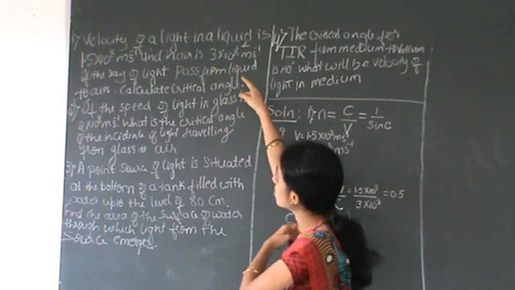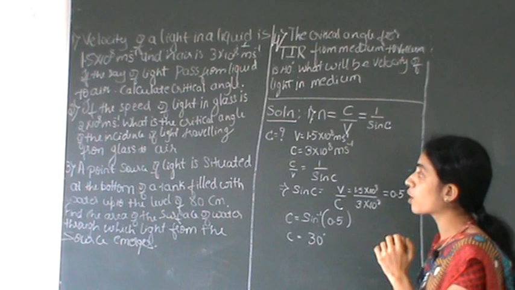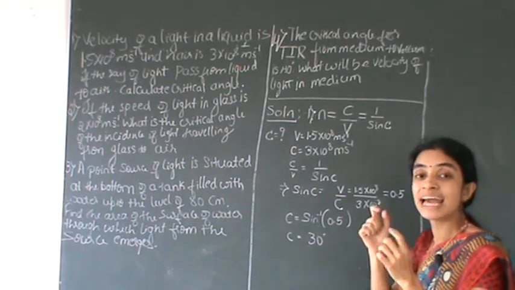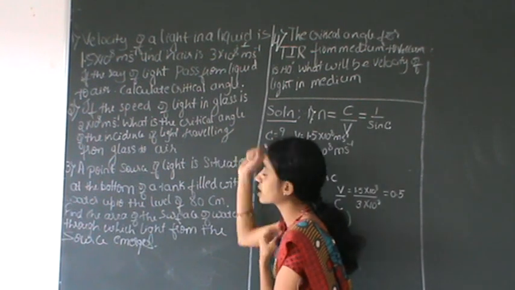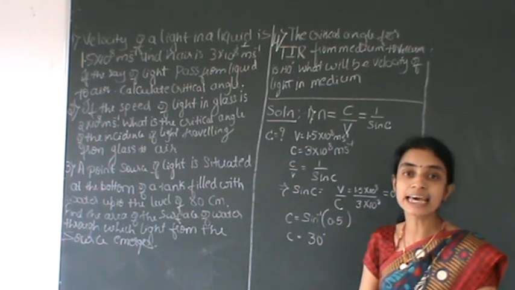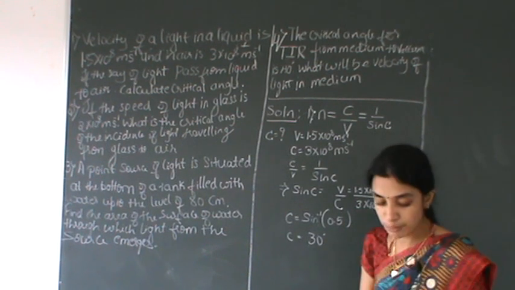In the first problem, light was traveling from liquid to air. In the second problem, the light is traveling from glass to air. Once again you have to find out the critical angle value. Same formula I am going to use here.